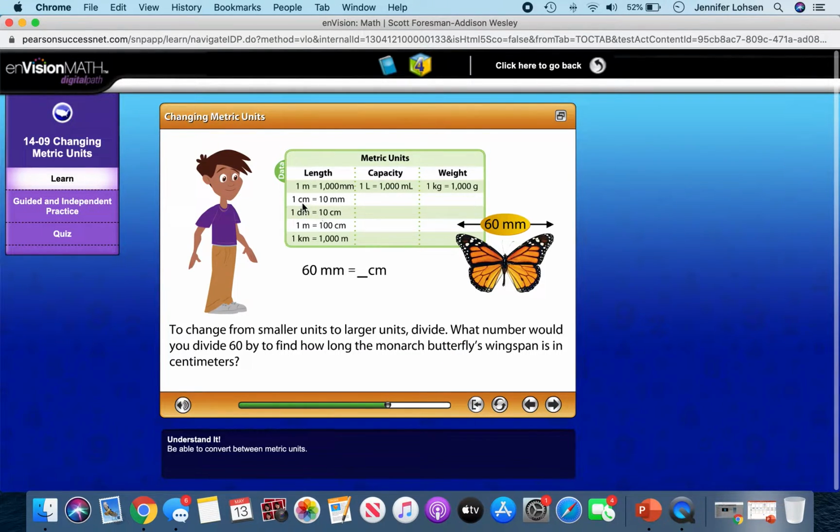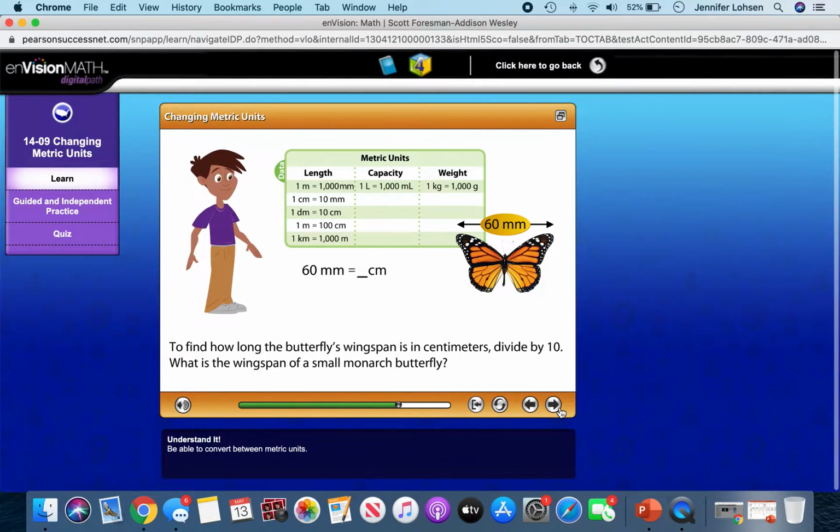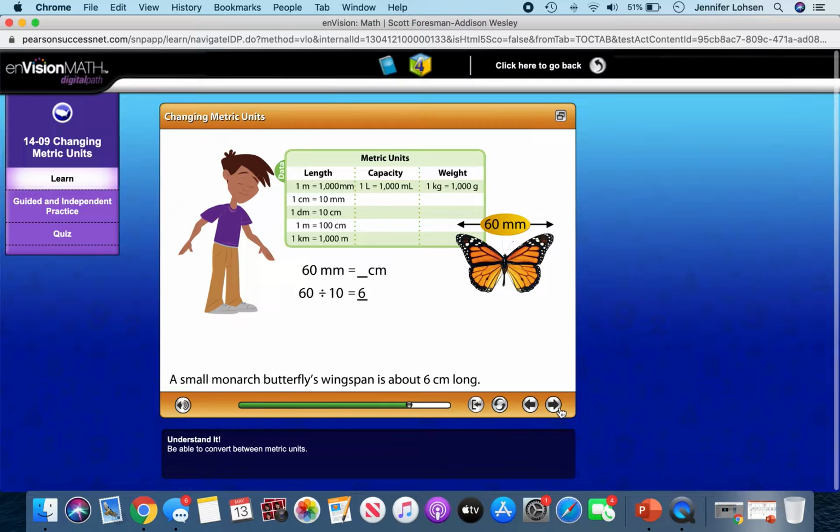If we look up here, this is where we're pulling that 10 from. 1 centimeter is equal to 10 millimeters, so we're going to divide this 60 millimeters by 10. To find how long the butterfly's wingspan is in centimeters, divide by 10. What is the wingspan of a small monarch butterfly? 60 divided by 10 is 6. A small monarch butterfly's wingspan is about 6 centimeters long.